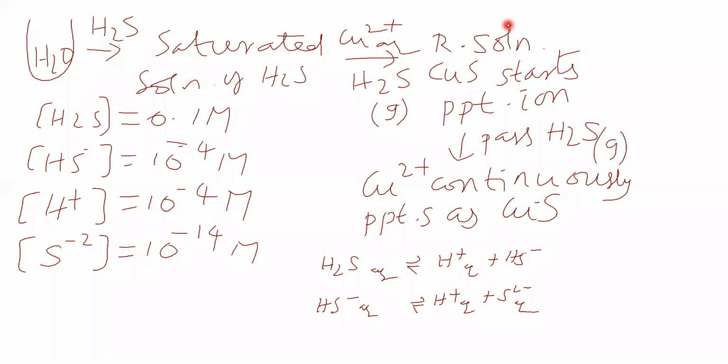Continue the passage of H2S gas. What happens is Cu2+ continuously precipitates as CuS. That means Cu2+ is continuously taking sulfide. Since Cu2+ consumes sulfide, what happens to the concentration of sulfide here? Think about it.